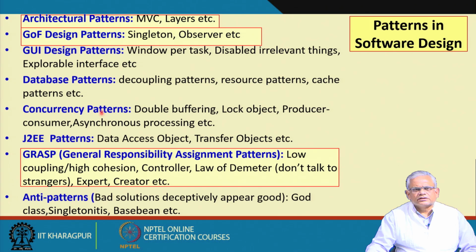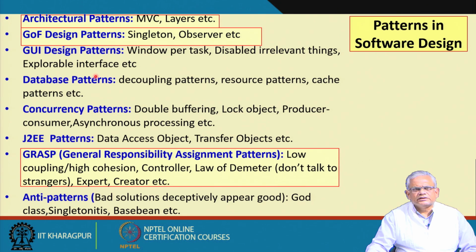And these other patterns, some of them are specific. If you are doing database development, then you might need the database patterns. Similarly, for concurrency, if you are doing concurrent programs, or if you are doing J2EE, Java Enterprise Edition, then you will need these patterns.